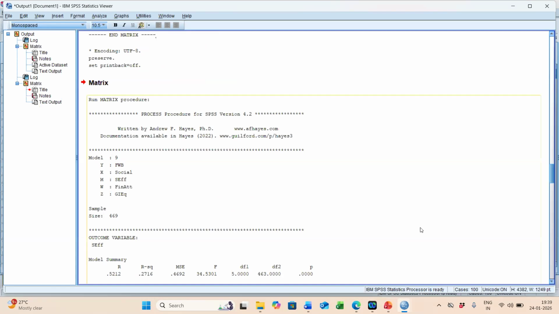See, model number 9. Y is financial well-being, X is socialization, M is self-efficacy, W is financial attitude, and Z is gender equality.